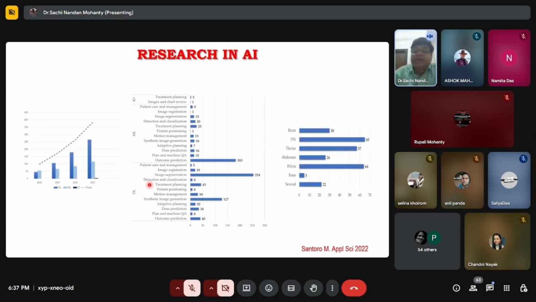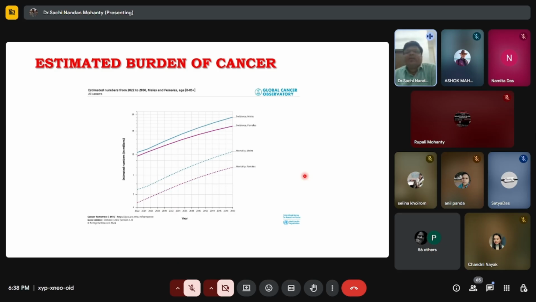Now, on the right-hand side you can see the most common cancers: bone cancer, pelvic cancer, abdomen cancer, thorax, HN which stands for head and neck cancer, and brain cancer. So these are the different types of cancer. Majorly it is in India as well. The Global Cancer Observatory estimates the burden of cancer.